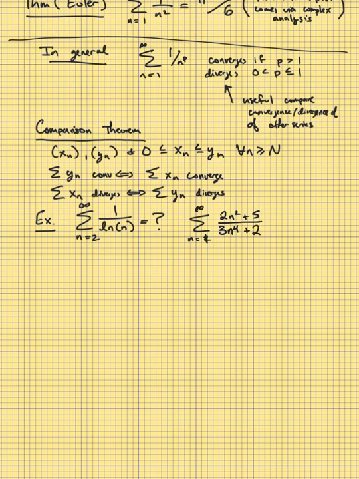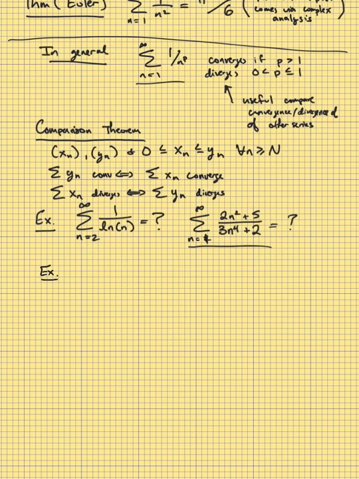Okay, you should think about whether these converge or diverge, using comparison tests plus p-tests, which we know. Okay, so let me do one more example, and then I'll stop for today.